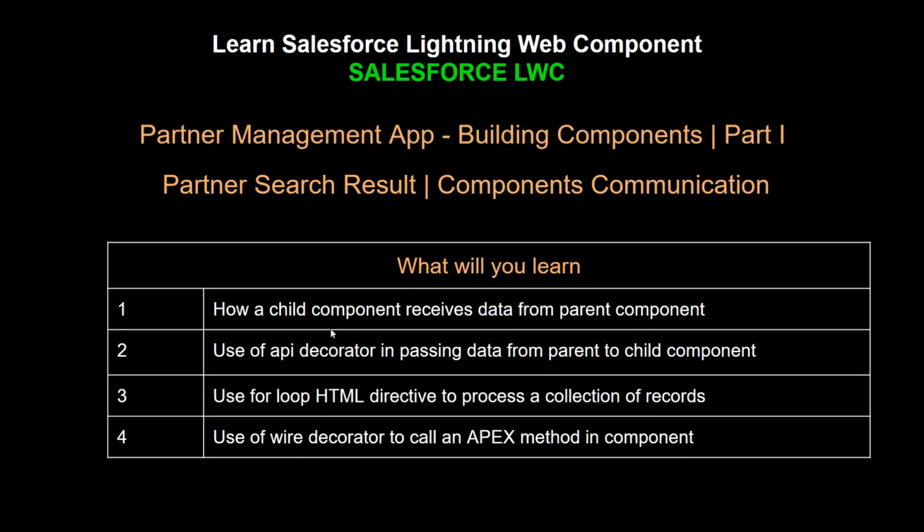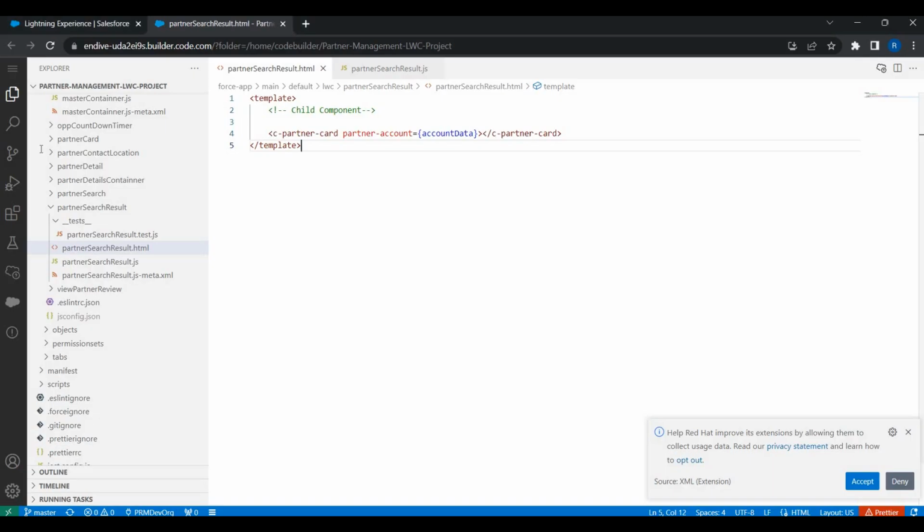So you will learn how a parent component sends data to the child, and also, most importantly, you will learn the for loop HTML directive and the wire decorator. So that's the plan. Let's move forward.